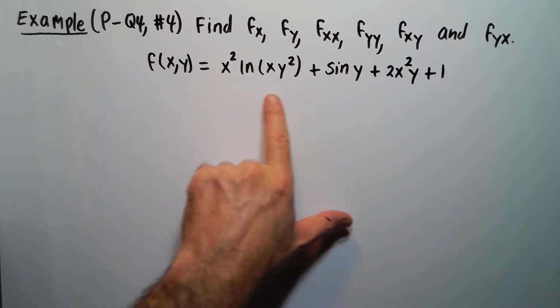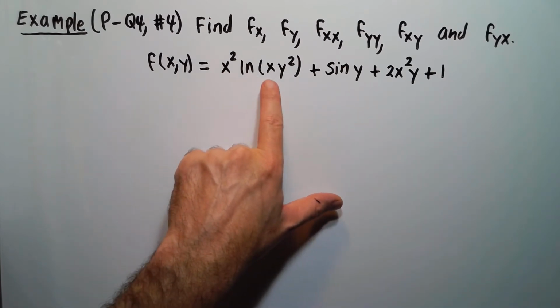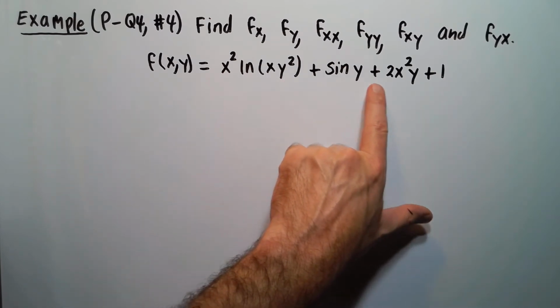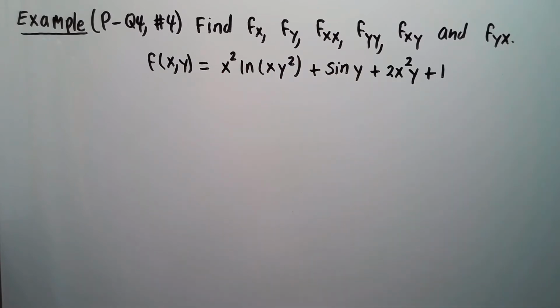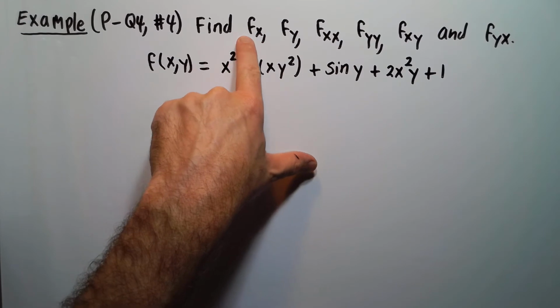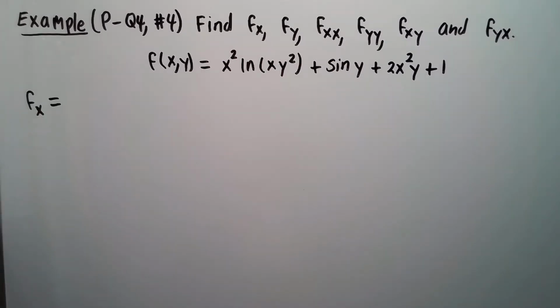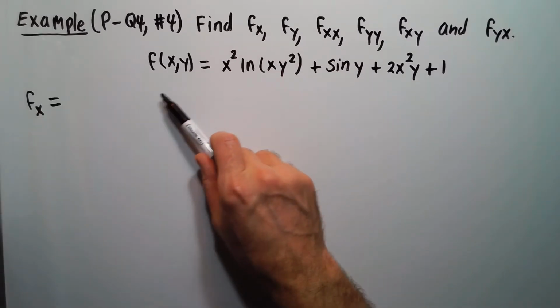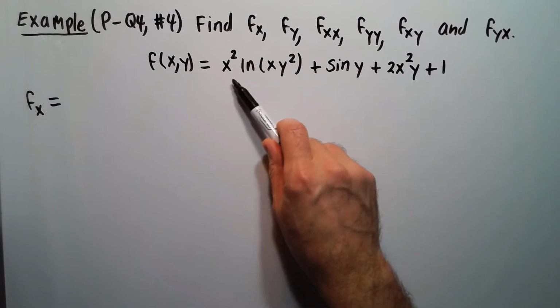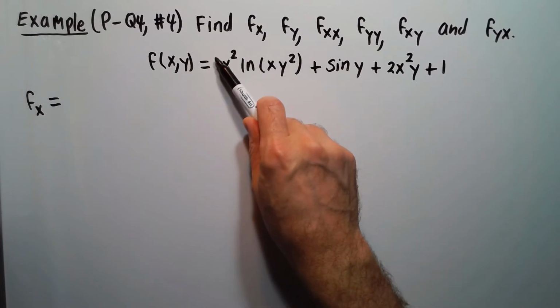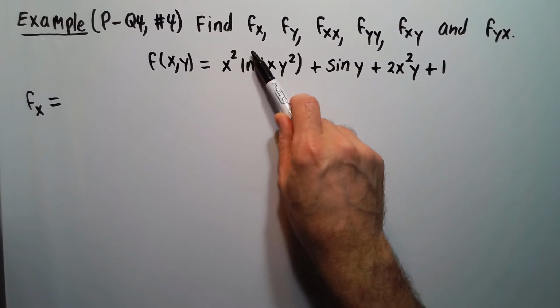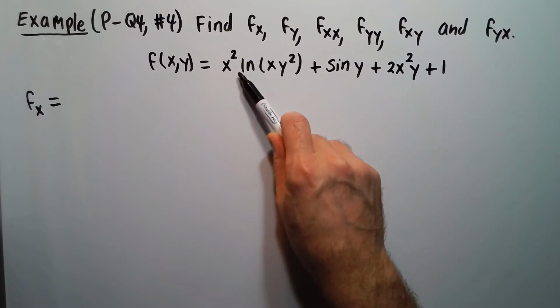Here's the function: x squared ln of x y squared, plus sine y, plus 2x squared y, plus 1. Let's find the partial derivative with respect to x first. On this first term, I'm going to have to use the product rule, where x squared is the first function and ln of x y squared is the second function.